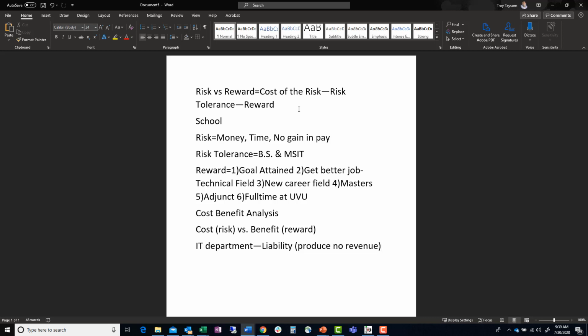IT department, technical departments, we are support people. We support whatever the business mission is of the company where we work. So, because we don't produce revenue, we're a liability.